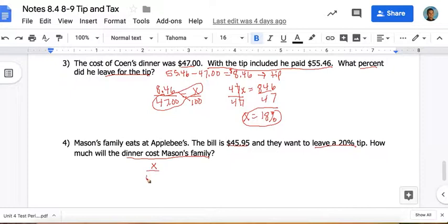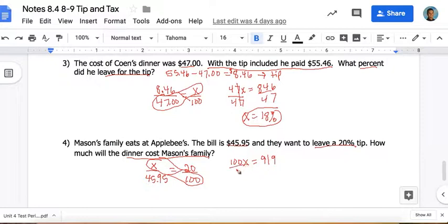So X over $45.95. So I'm looking for the part because I have to know what the tip is before I find the total. Percent over 100. 100 times X is 100X. 20 times $45.95 is $919.